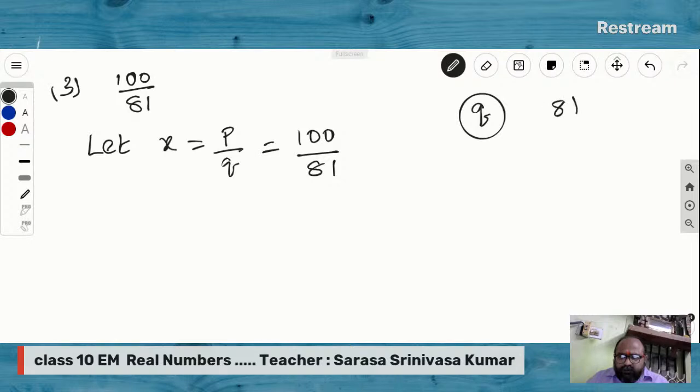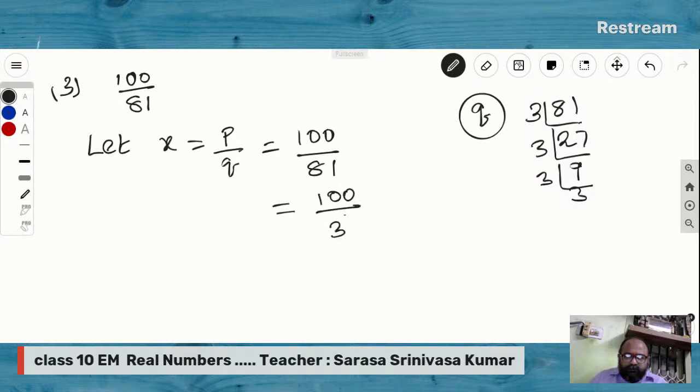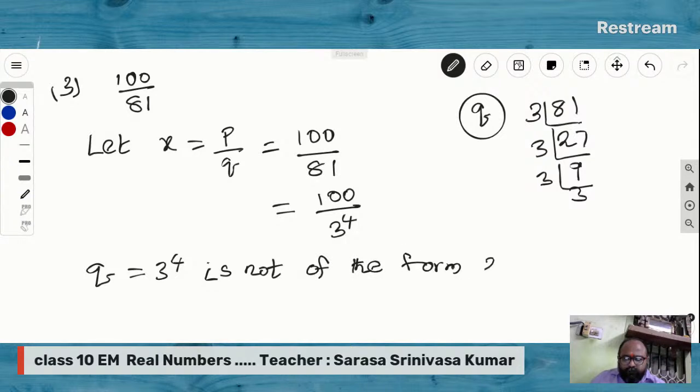So 81, 3 27s, 3 9s, 3 3s. This is equal to 100 by 3 power 4. Therefore, q equal to 3 power 4 is not of the form 2 power n 5 power m.